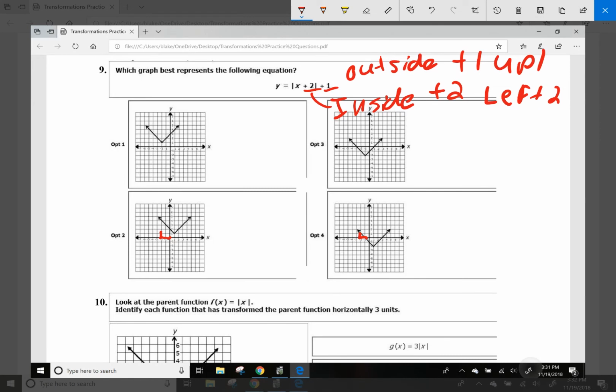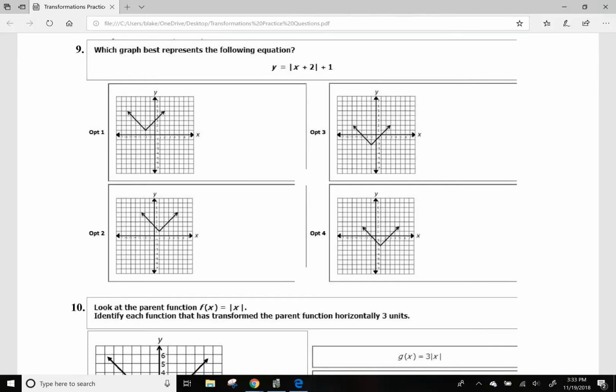I'm on the line, but I'm not at the vertex. I'm looking to land at the vertex, which is not left 2 and up 1. And then option 3, left 2 and up 1. We're looking for the vertex that's been moved left 2 and up 1 from 0. If you start at 0 and you go left 2, up 1, you get that vertex. It's definitely option 1.